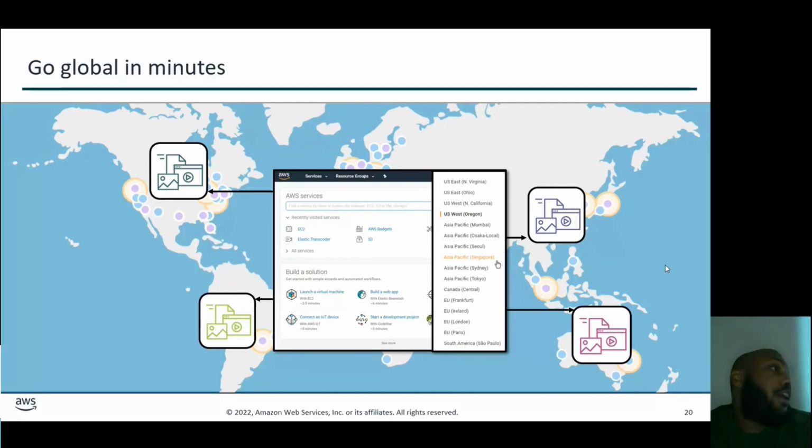Now, in a traditional world, if I had a simple application running from Virginia, with my server sitting in my company's headquarters, and I have a customer sitting in Australia who wants to access my servers, there's something known as latency.